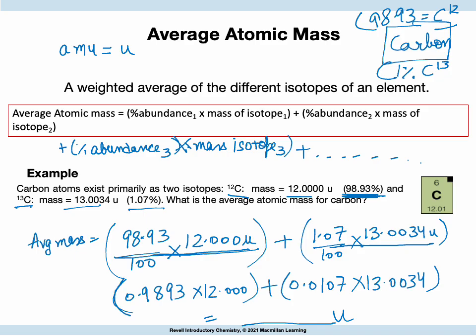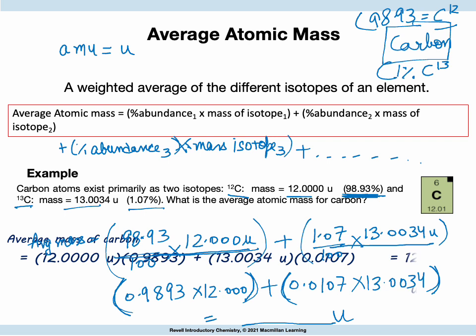Make sure you put this in parentheses plus this in parentheses, otherwise your calculator will not give you the correct answer. So please make sure you use the parentheses correctly in your calculator, and that is called the average atomic mass. The final answer I have is 12.01 AMU. So this should give you 12.01 AMU.